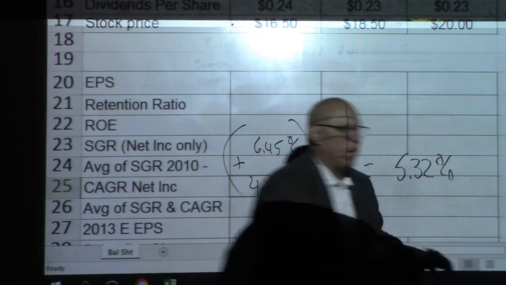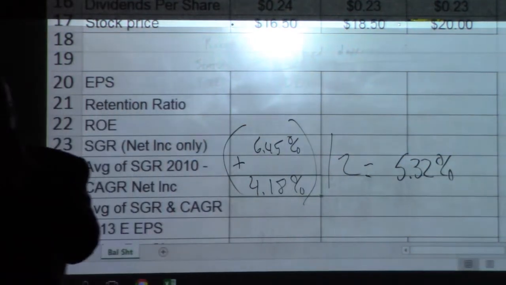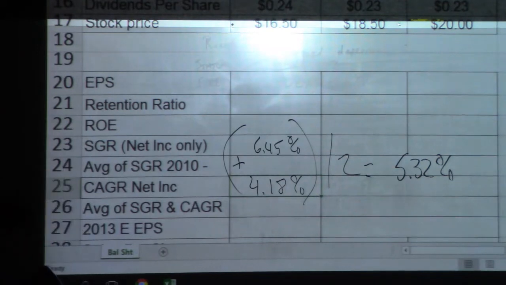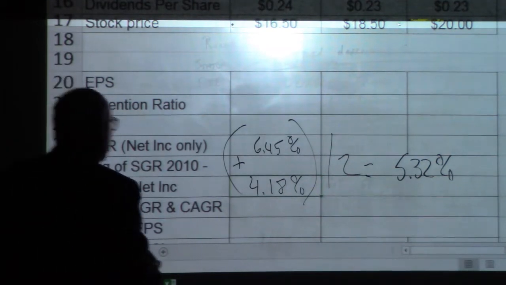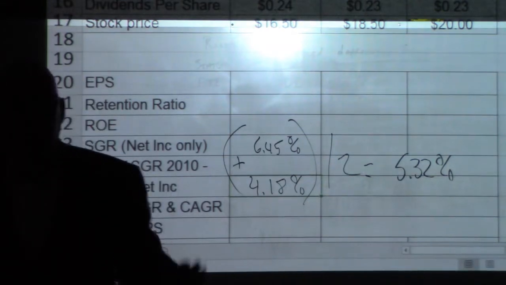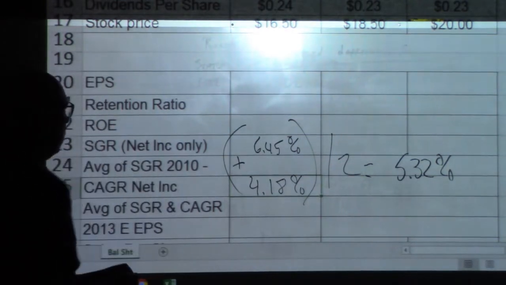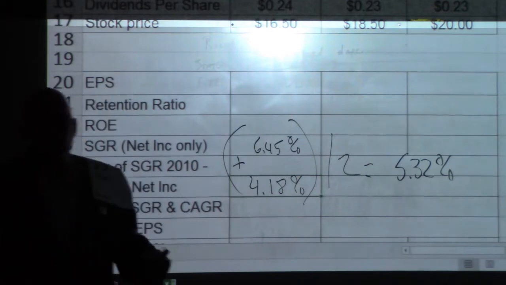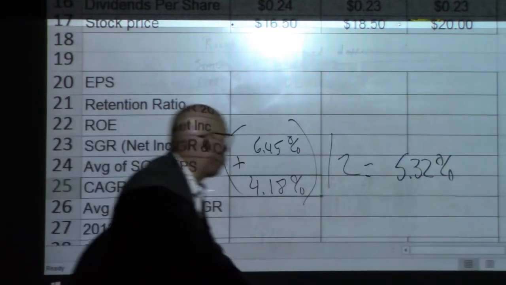What is that? That is the average of two growth rates, okay, for net income. So we're saying that net income grew an average of 5.3% over the last couple of years, and that's going to be our growth rate to forecast net income. So let's forecast net income.